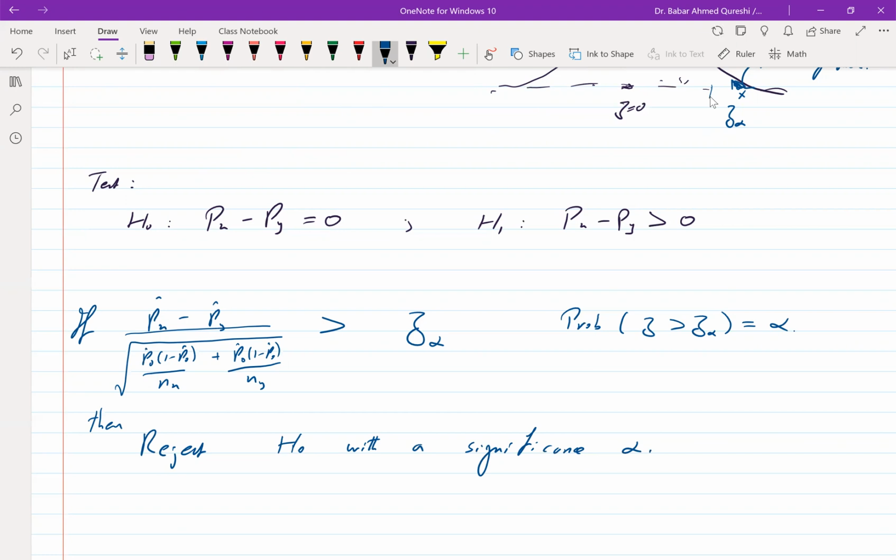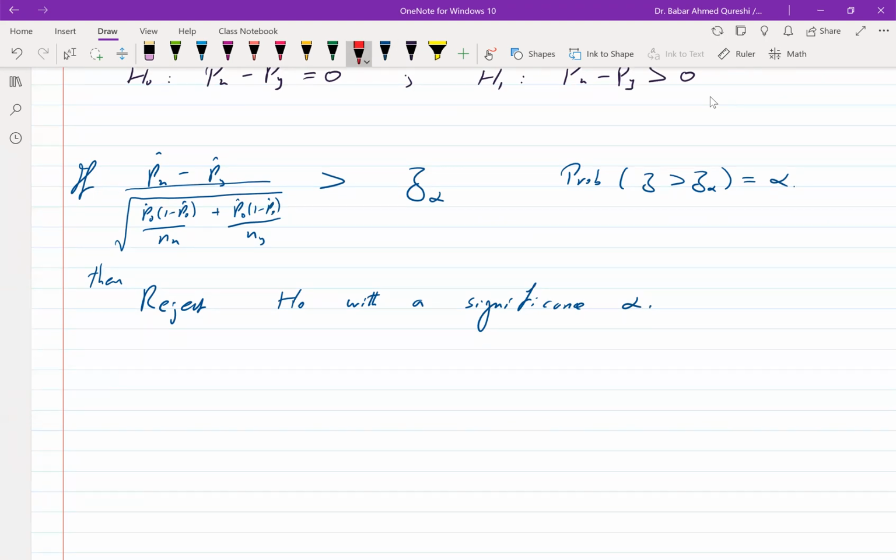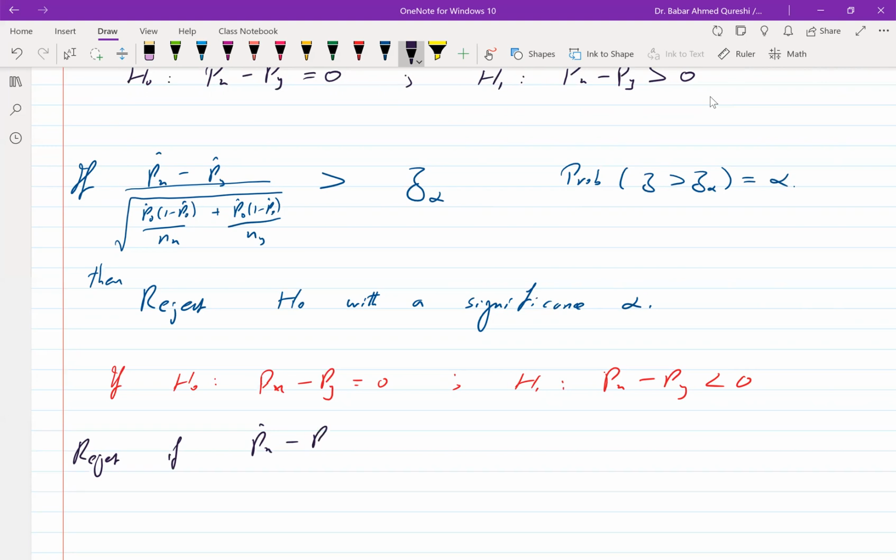Similarly, you can look at the other side. H naught would always be like this. But if your h1 is, this is less than 0, then reject if this variable is less than this critical value, minus of that.